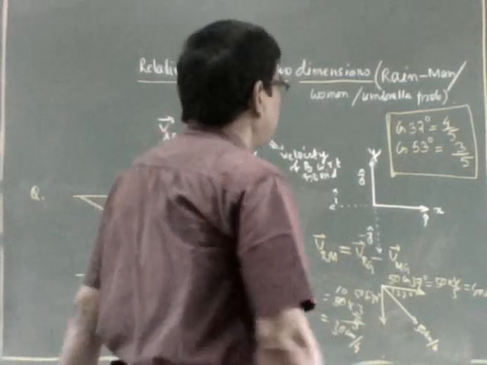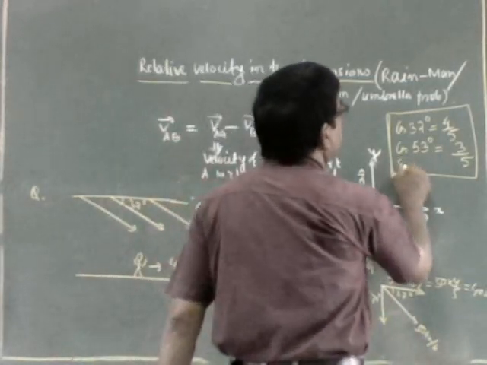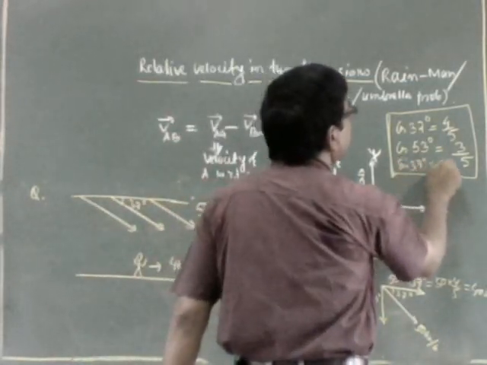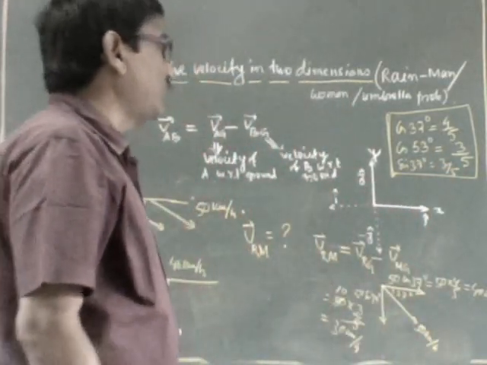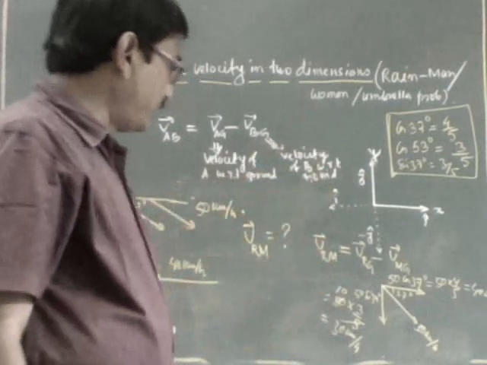Sin 37 is 3 by 5, so 50 into 3 by 5 is 30 km per hour. Similarly, sin 53 degrees is 4 by 5. This value you have to remember.